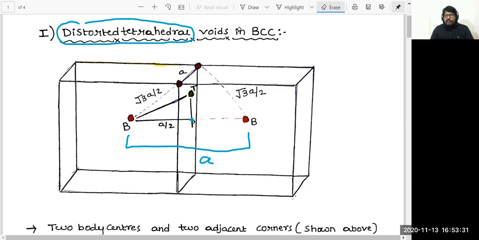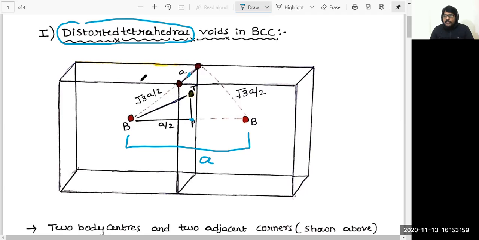So what I have taken here, one is the center point between these two body centers, which is the face center, and the center of these 2 points, which is the edge center. And now I have to take the midpoint of this edge center and face center. That midpoint of the face center and edge center is a tetrahedral void, but it is not a normal tetrahedral void.